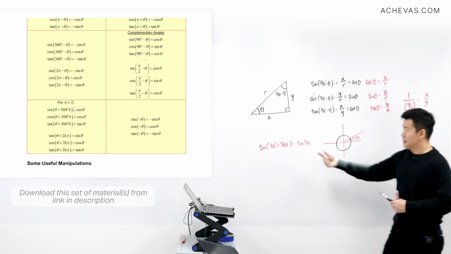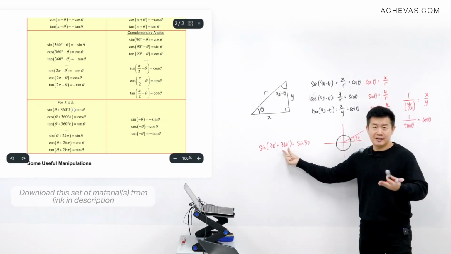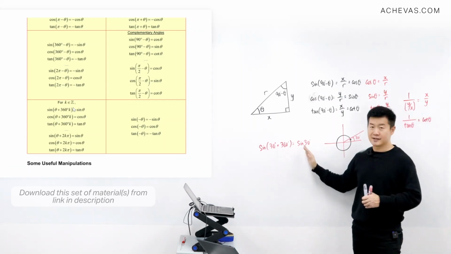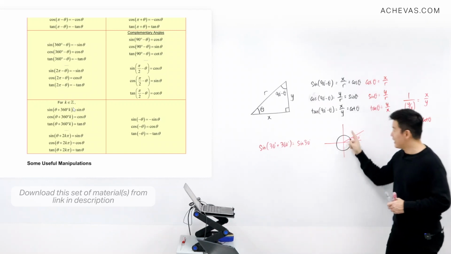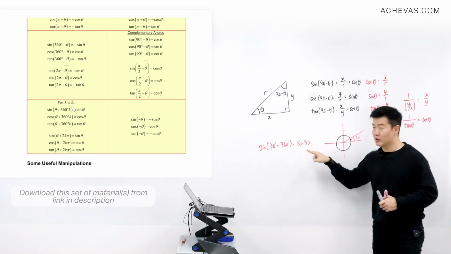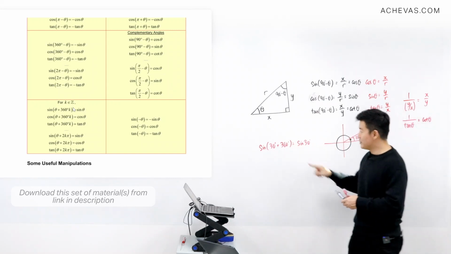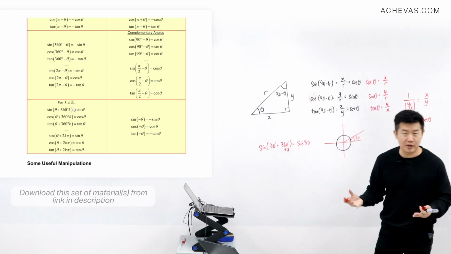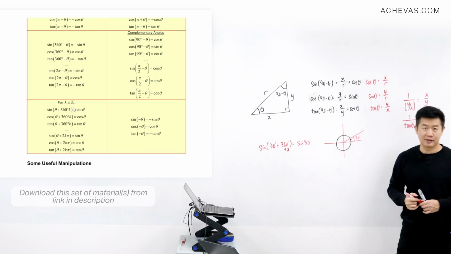That is why 30 plus 360 degrees is physically representing the same angle, 30 degrees. That is why this is the same. Even if you were to add another round of 360 degrees, it will still come back to sine 30 degrees, which means that even if you were to multiply this by 2, multiply it by 3, it's still going to be equal to sine 30 degrees.